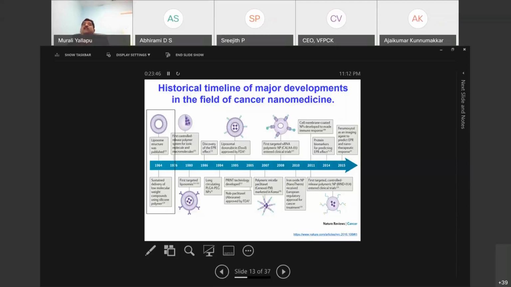He also developed these BIND nanoparticles, but unfortunately in the clinical trial it didn't do well compared to the currently existing docetaxel formulation. This BIND formulation is a docetaxel PLGA-based nanoparticle formulation, which contained a PSMA targeted delivery-based formulation.